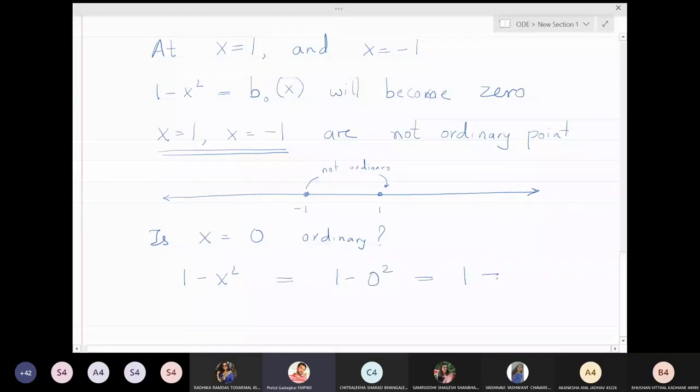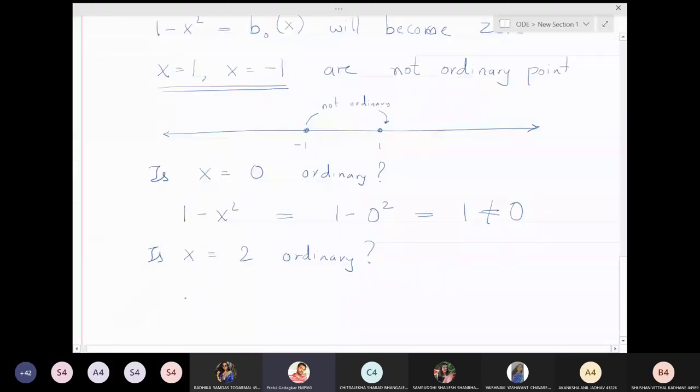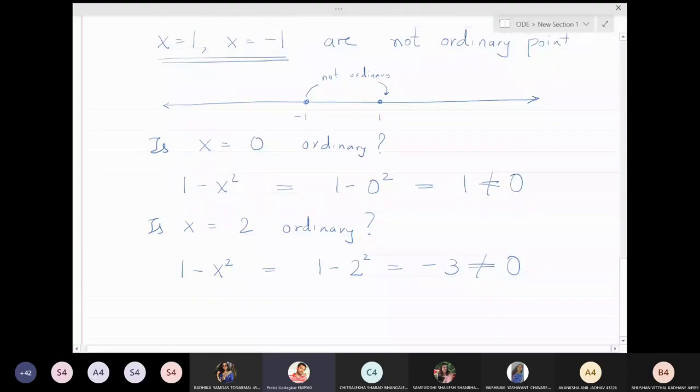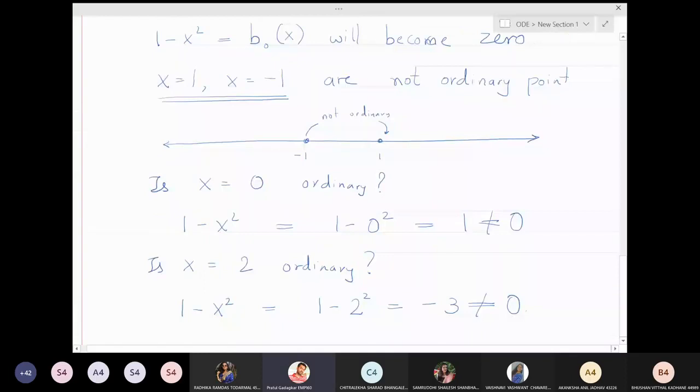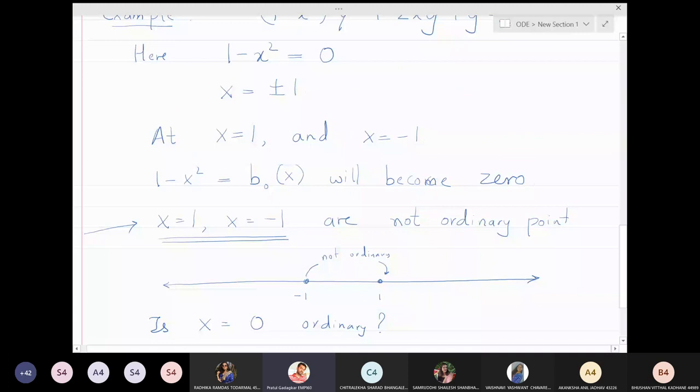The answer is also yes, because 1 minus 2 square is minus 3, which is also not equal to 0. So identifying ordinary points means you first identify what are not ordinary, and then all remaining points will become ordinary points.